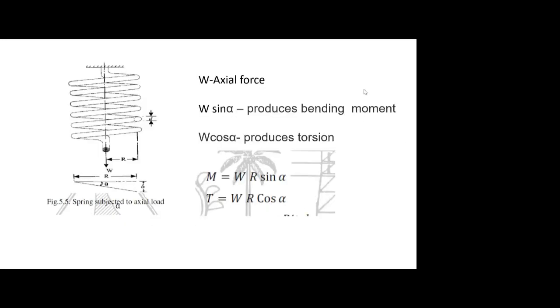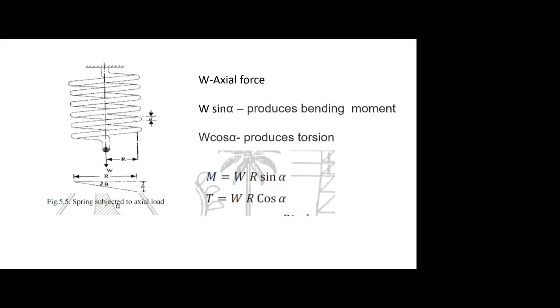See here. When we are applying a load on the spring, depending upon this angle, there can be 2 components. If the alpha angle is considerable, then we have the W, the axial force that we are applying. We know that the coil is not wound in a horizontal plane. Since it is inclined, we can resolve this into 2 components, W sin alpha and W cos alpha.